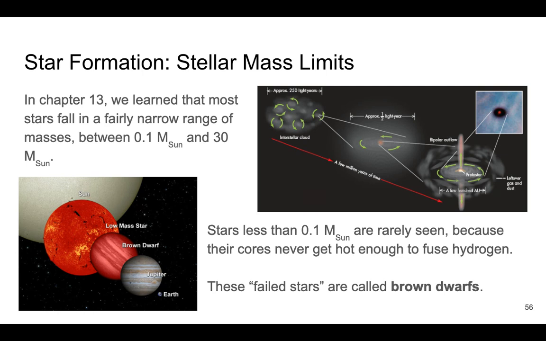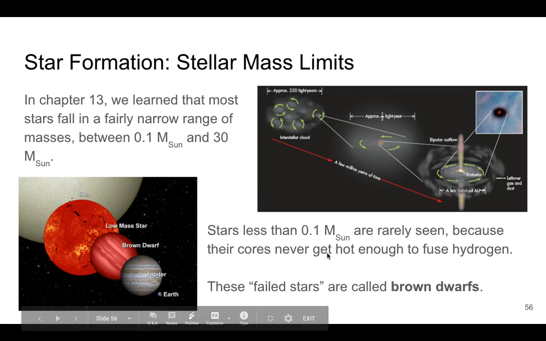They can fuse an isotope of hydrogen called deuterium, but they're not hot enough to fuse regular hydrogen. So they are actually doing a little bit of fusion, but not a lot. But never mind that detail. So anyhow, 0.1 times the mass of the sun. If the star, in scare quotes, is less than that, you have what's called a failed star, aka a brown dwarf.